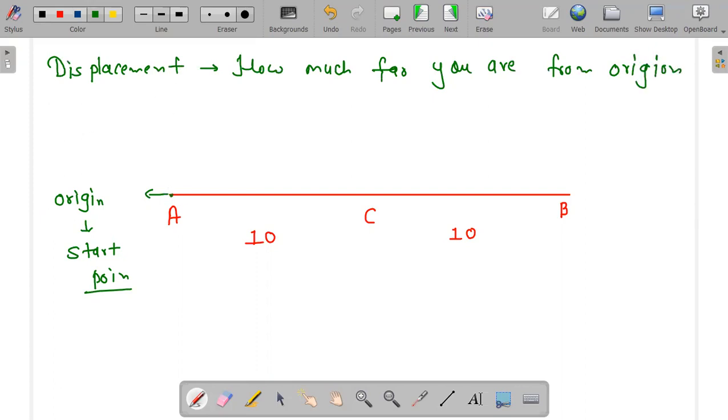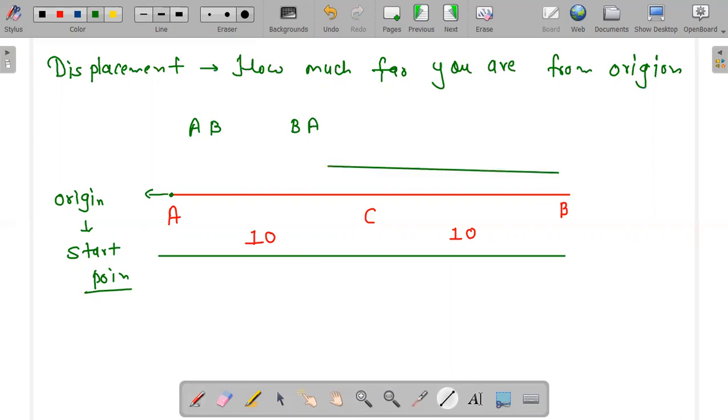So if a person starts from A and goes to B, and again from B it comes back to A, it is going from A to B and again returning from B to A. So the definition of displacement is how far you are from your origin. Again you are at your origin and A is actually 0. So how far are you from origin? You are 0 kilometer or 0 meter far from your origin. So in this case the displacement can be 0 because again you are at A.